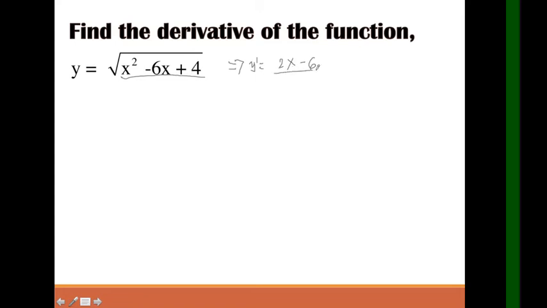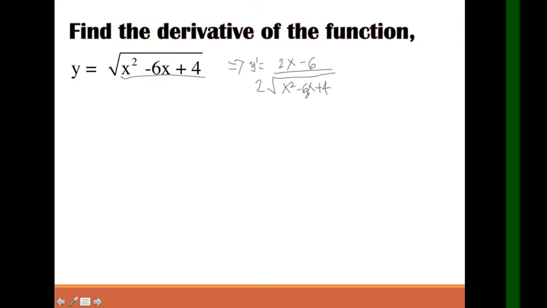Then, we have, I'm sorry, 2, lagay ko na lang doon, nakalimutan ko siya sinulat. And then we have the x squared minus 6x plus 4. Okay. Then, I think, pwede nating, hindi pala siya, no?